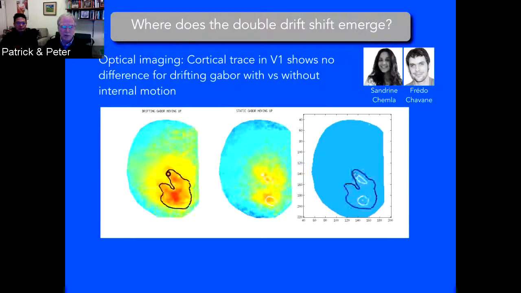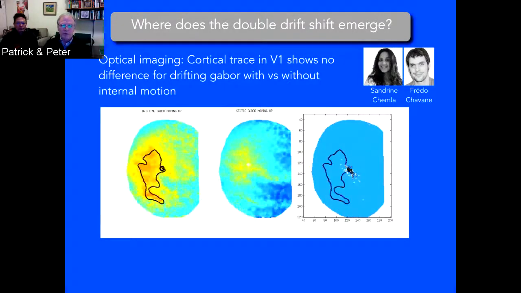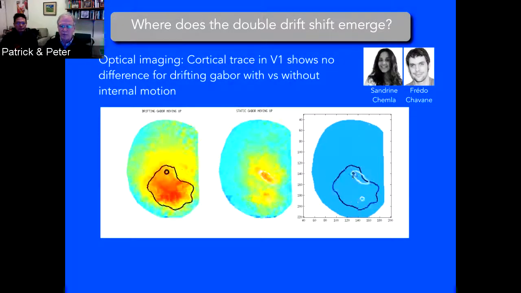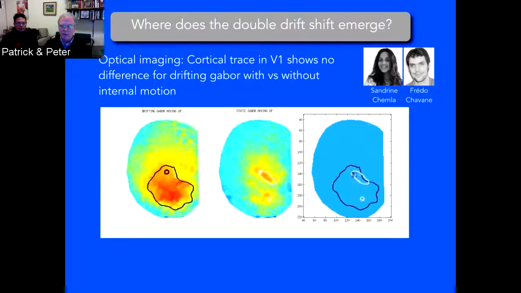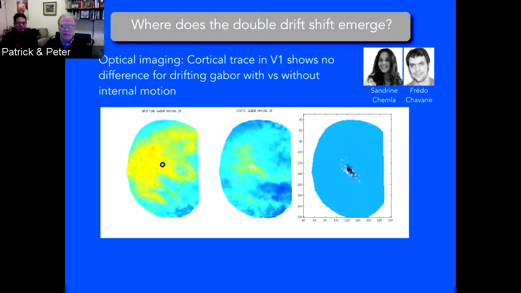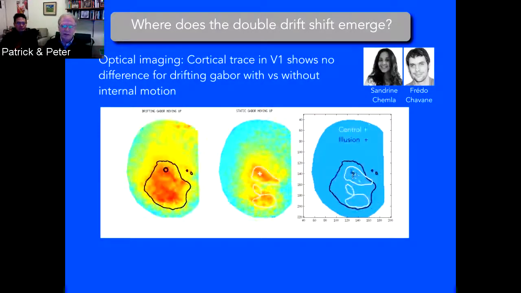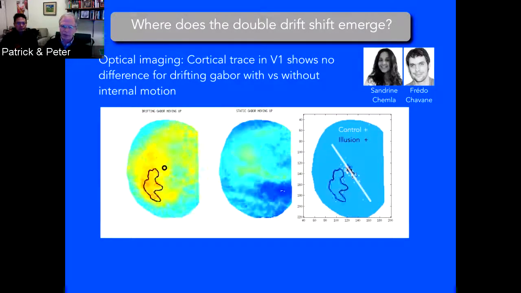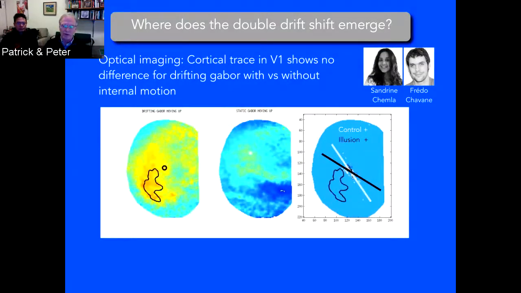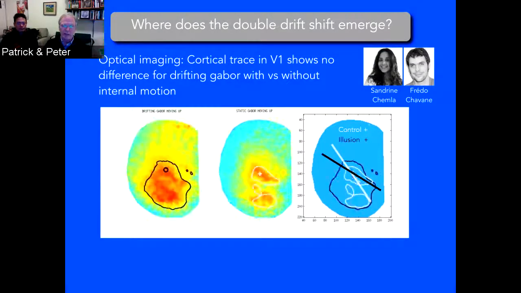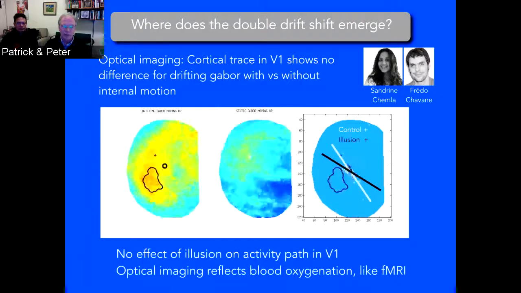And you're not going to see much, but I think you remember that whether or not the internal motion is present in the Gabor, the path of activity on V1, just off the fovea down to the left, is virtually identical and quite distinguishable from what the illusion would have been, which is about a 23-degree shift at those speeds and locations.